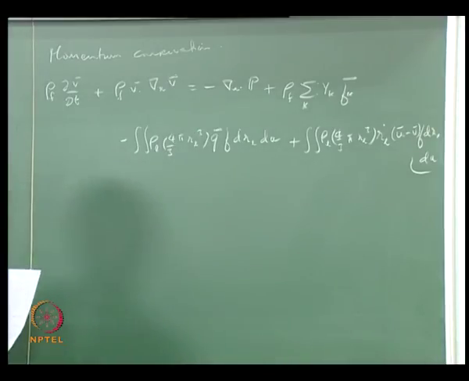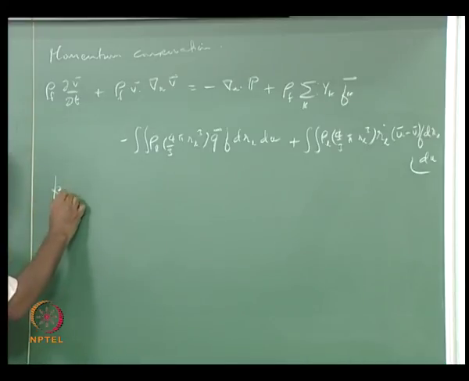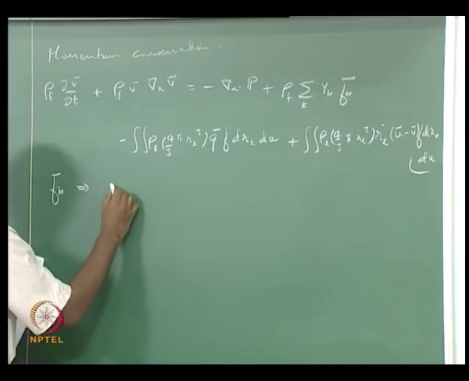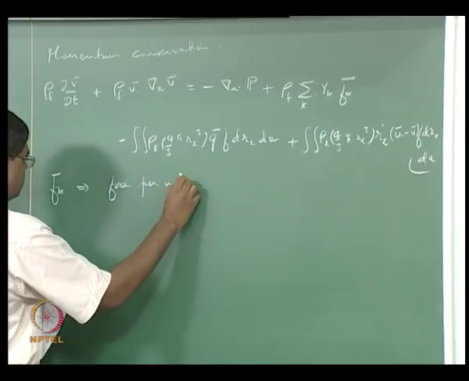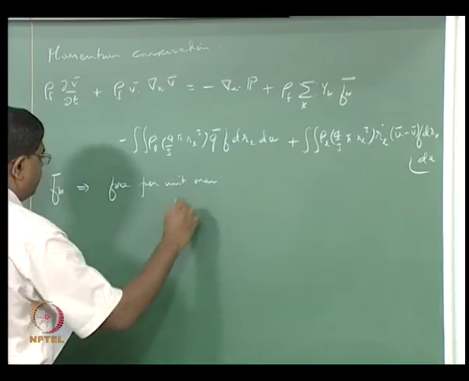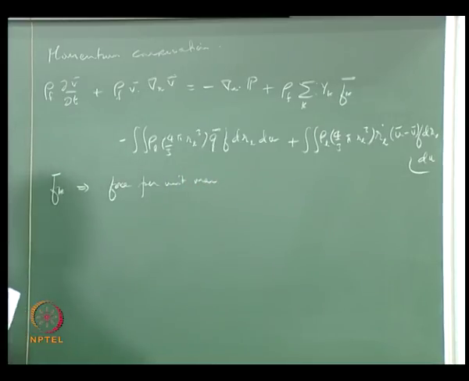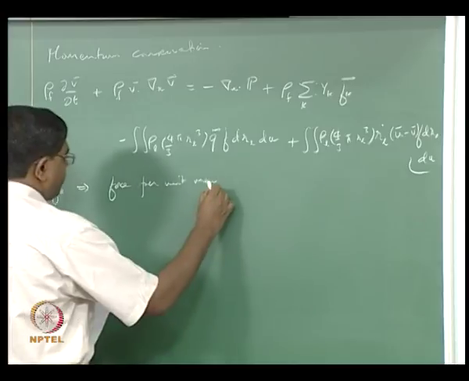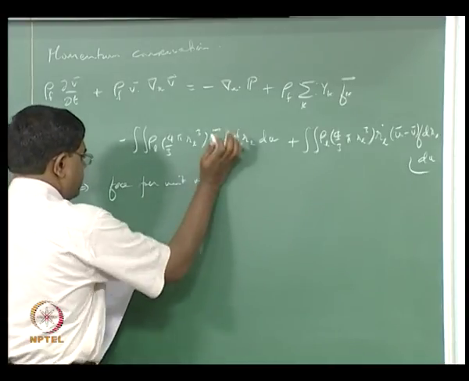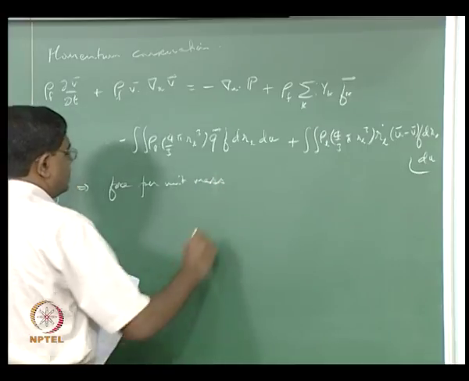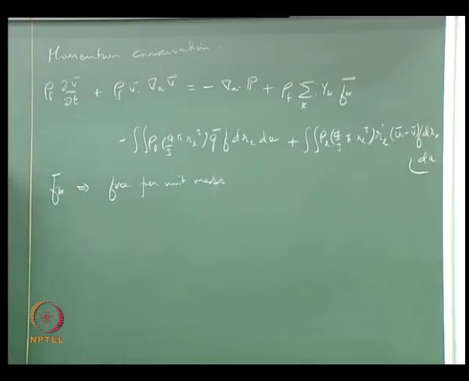So here Fk is the force per unit mass of the kth species, that is basically the acceleration experienced by the kth species. This typically is different for different species, if you have things like ions that are subjected to an electric field or magnetic field and so on.